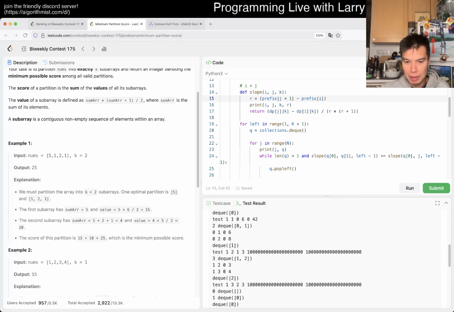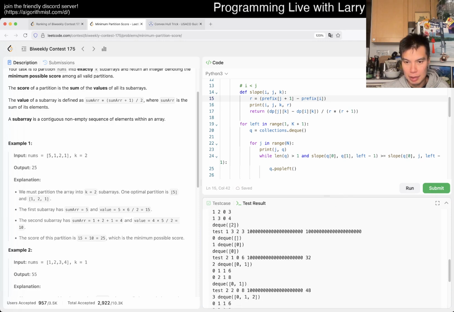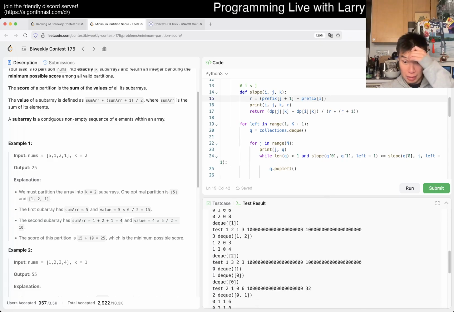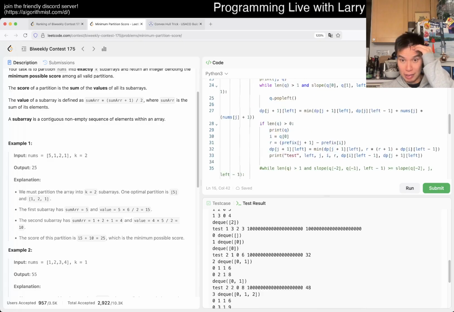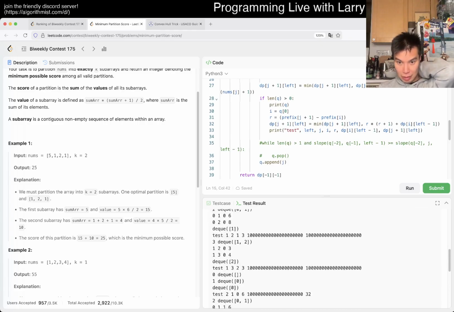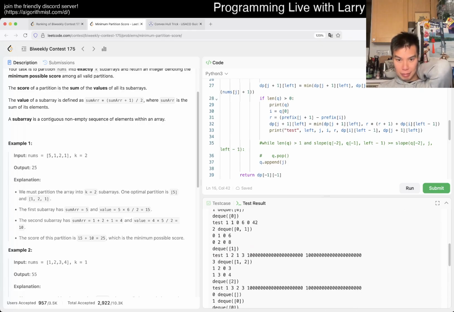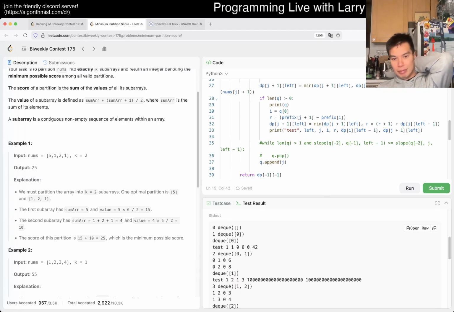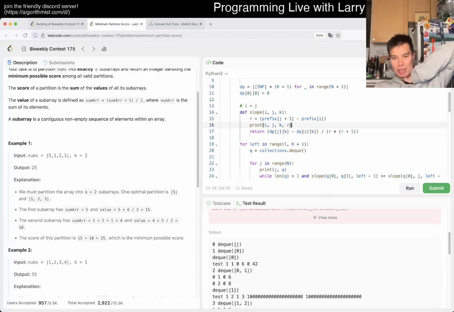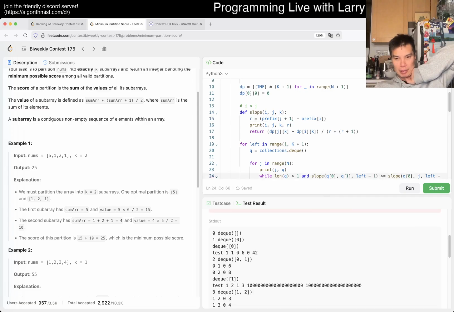But then now this pops every time, which is not quite right, I don't think. No, I mean, I think this is more right, to be honest. But I've been messing up with this for so long.